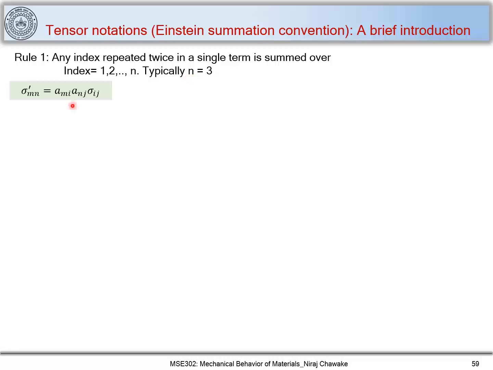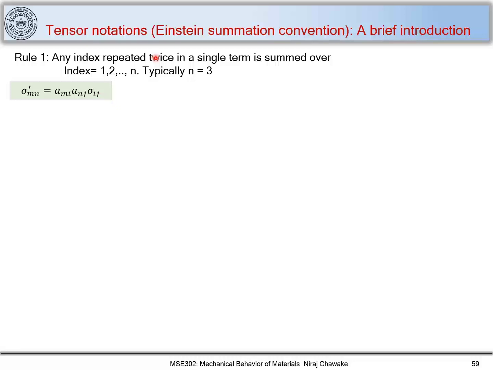So here, let's take this same example: sigma dash mn is equal to a_mi a_nj sigma ij. What are the indices here? Here you have m, n, i, and j. These are indices.